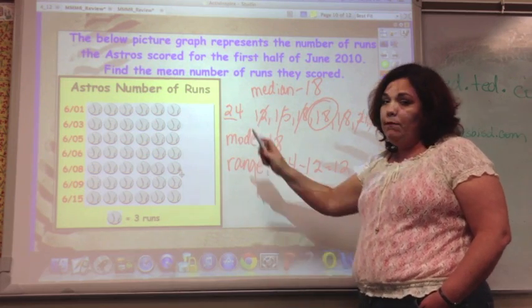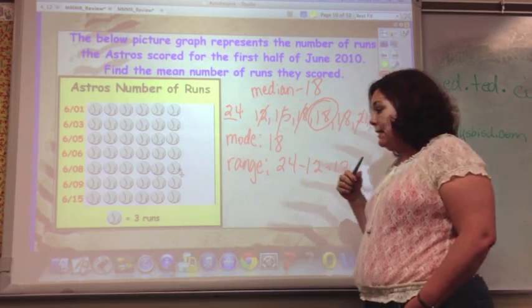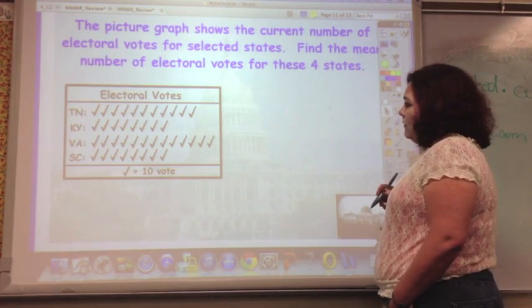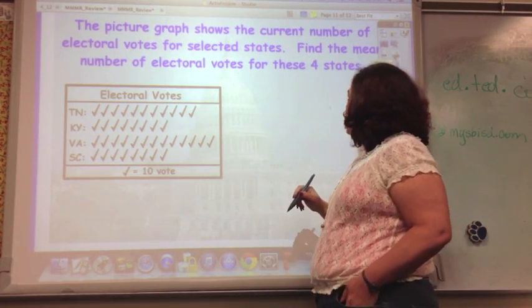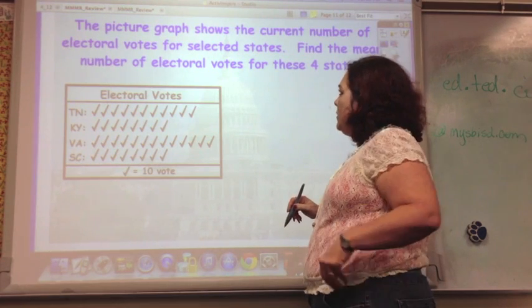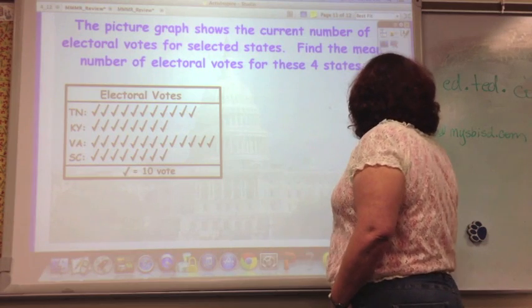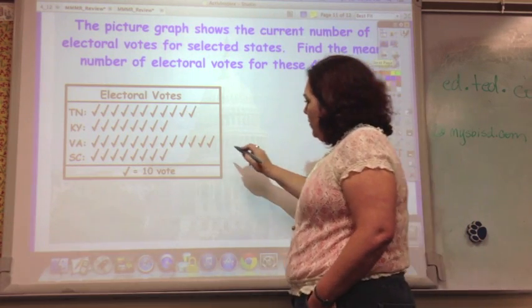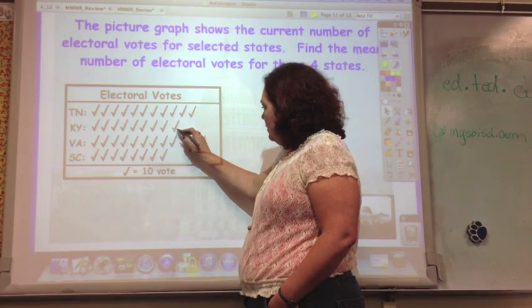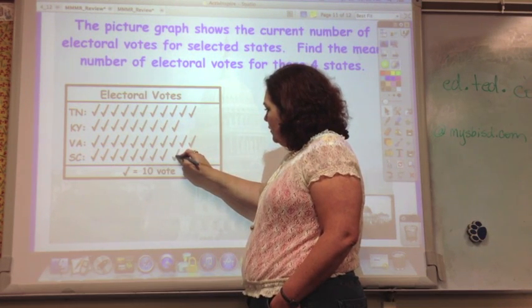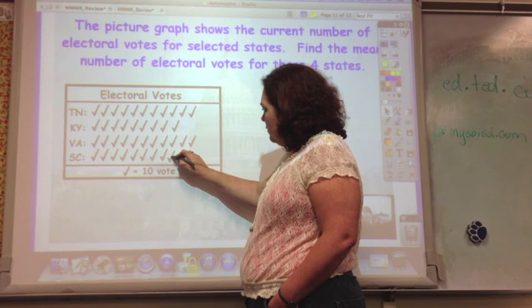But you saw how I moved these around and counted up to get 18. And then here, this shows the current number of electoral votes for selected states. And let's get the mean. So I would take the highest to the lowest.